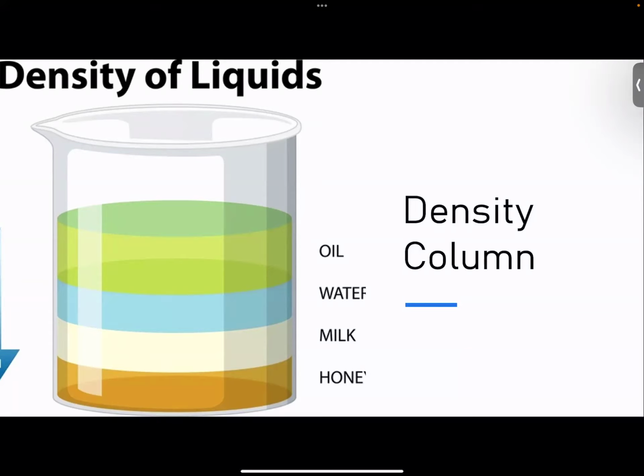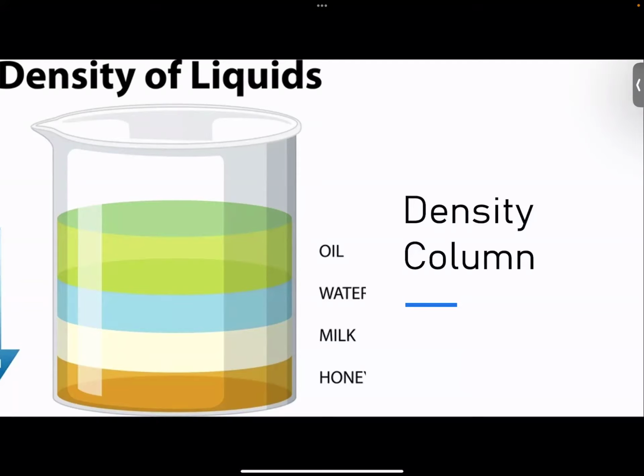So if you ever make an oil vinaigrette, it separates out with the oil sitting on top of the vinegar, which is mostly water. Oil is less dense than water, so it floats on water. Milk is more dense than water.